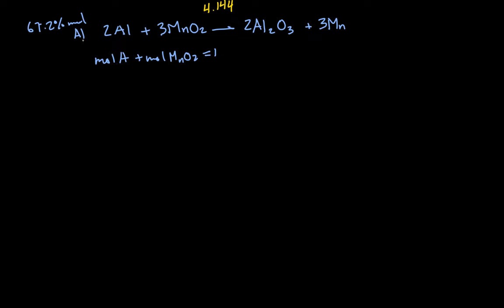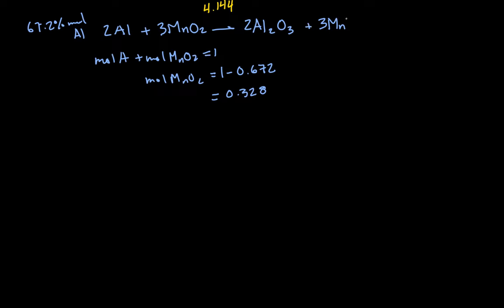We're going to use the percentage. This would be 0.672, right? And that is going to give us the moles of manganese dioxide, because it's going to be the difference between 1 and 0.672, right? This is just the decimal version of the percentage that we have here. So that means that for moles of manganese dioxide, we have 0.328.